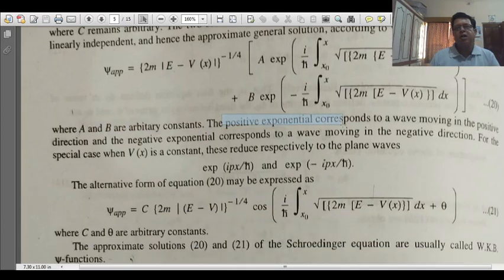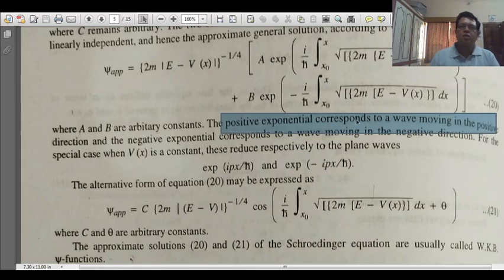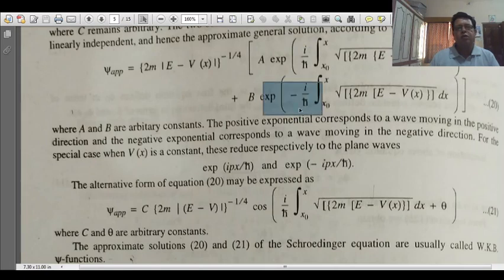The positive exponential corresponds to a wave moving in the positive direction. The negative exponential is a wave moving in the negative direction.